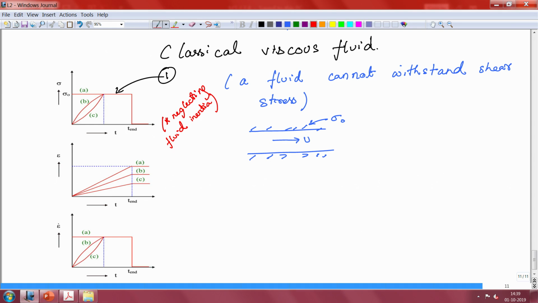So, now interestingly, your graph for epsilon is very different from that of a classical elastic solid. But if you look at epsilon naught dot, the strain rate is going to be constant. These are straight lines. So, the strain rate attains a constant value, and it remains at that value for as long as you provide the stress.